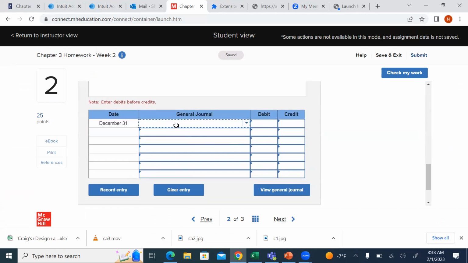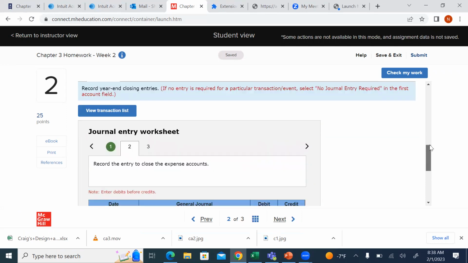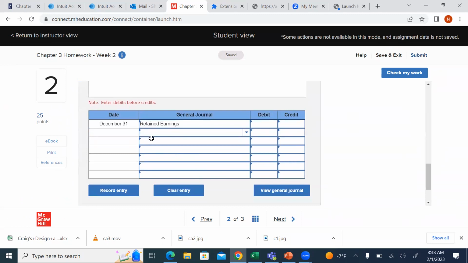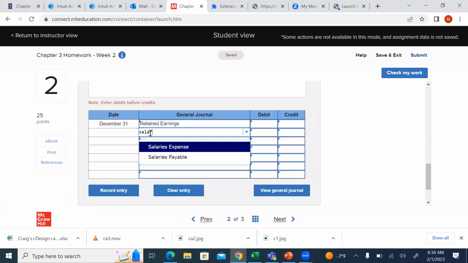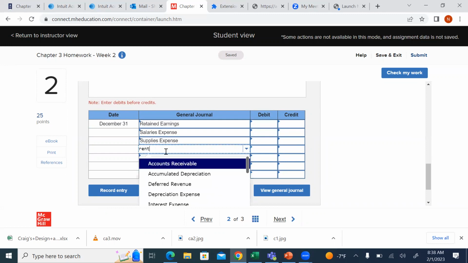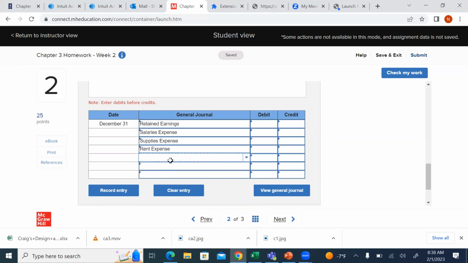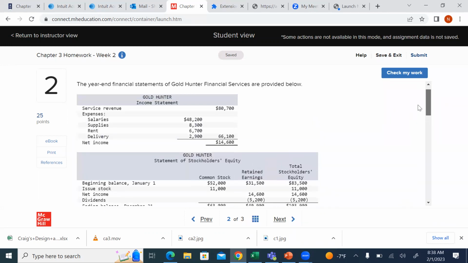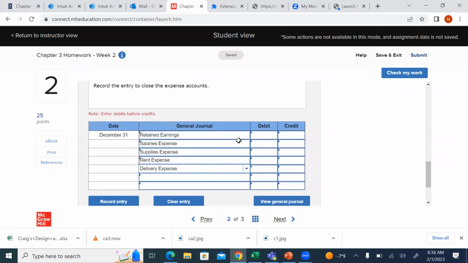So we'll debit our retained earnings, and we're going to credit salaries, supplies, rent, and delivery. Our salaries, 48,200, we'll credit it.